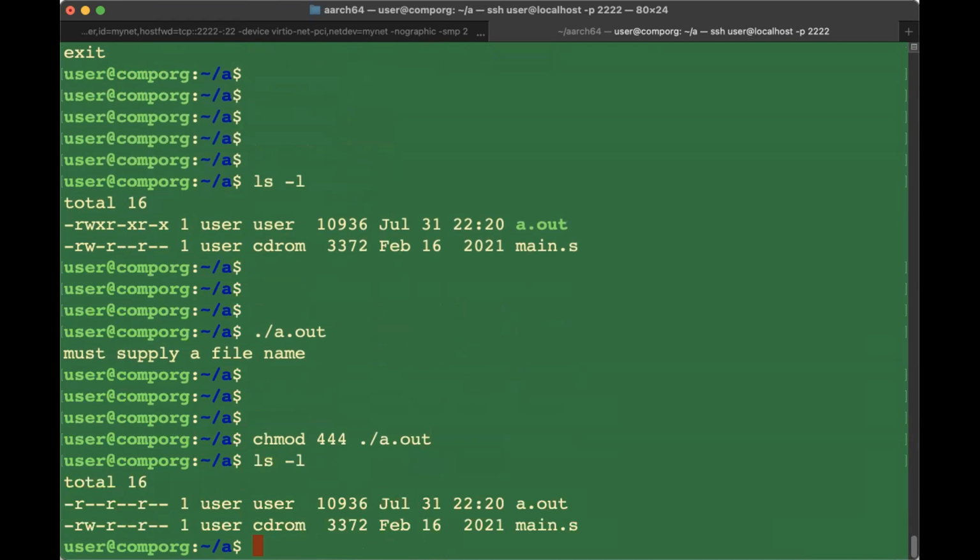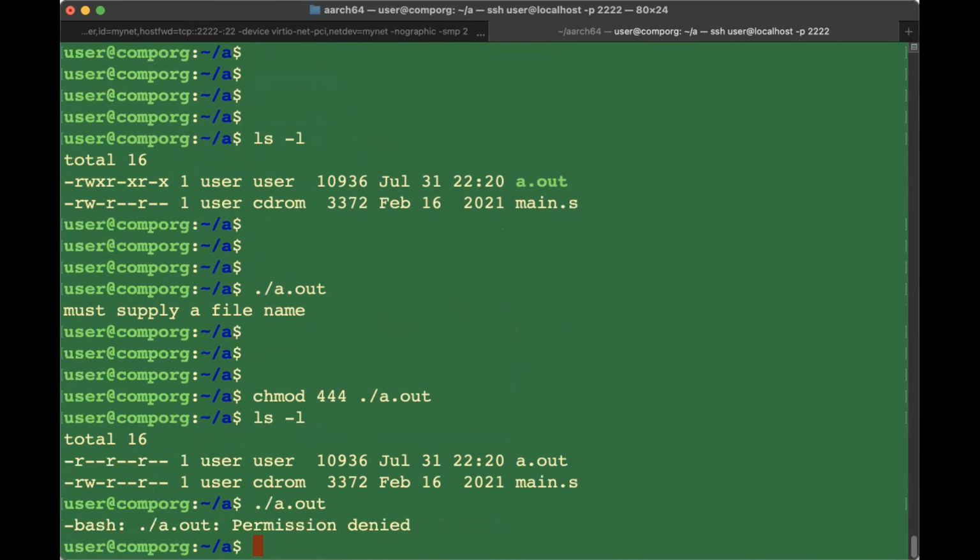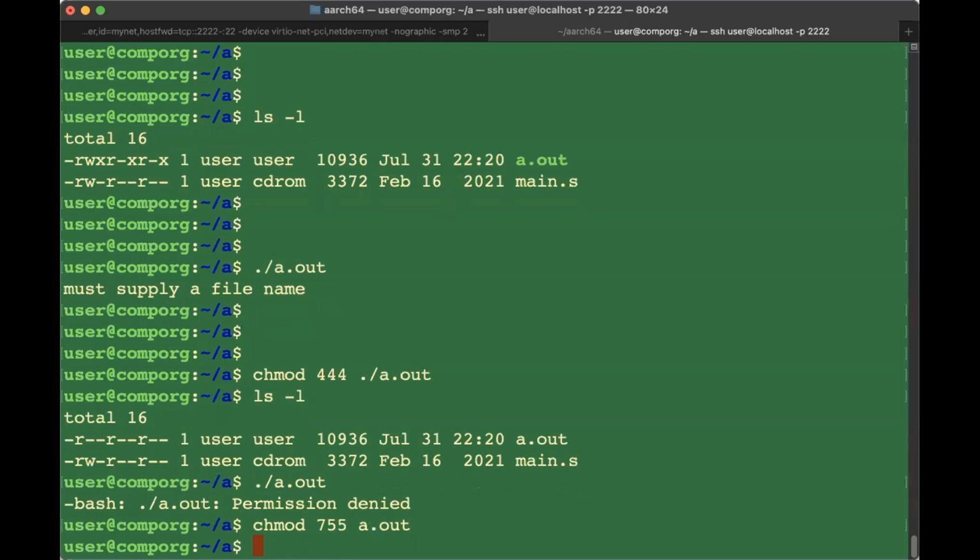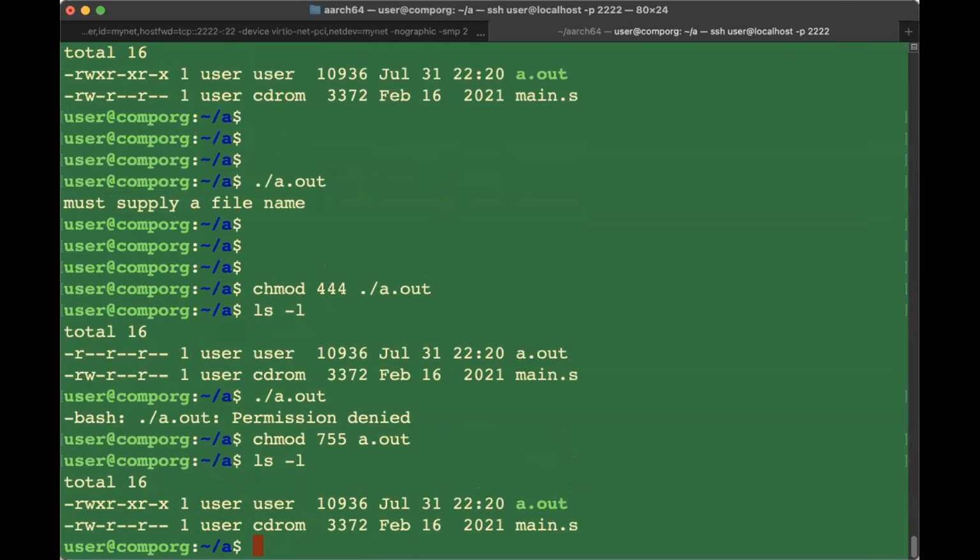Let's look at the mode. Now it's only read permission for a.out. Let me try executing it again. I can't. Let's put it back, 755. And it's back to executable. Notice even the highlighting color changed when it wasn't executable. It's green when it was executable and not green when it wasn't.